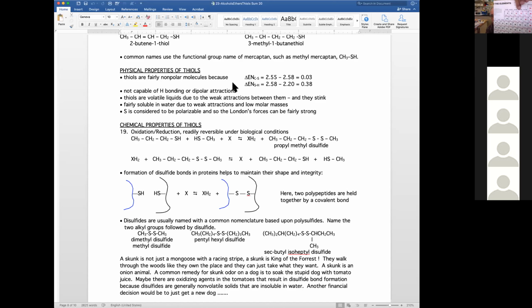If you compare oxygen with sulfur, the valence shell electrons in oxygen are in shell number 2, but in sulfur they're in shell number 3. So they're farther away from the nucleus. They're more easily moved around and deformed. In other words, polarizable during a collision, which would be describing a London type of force.